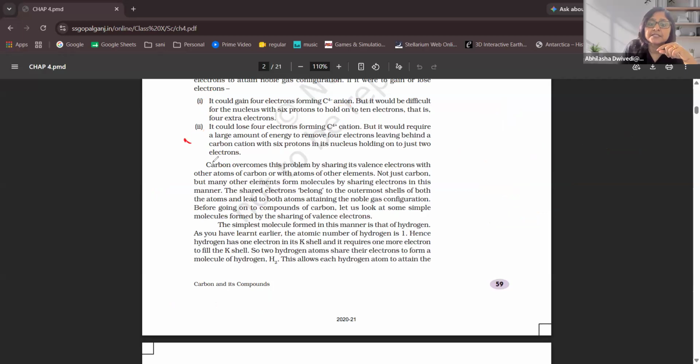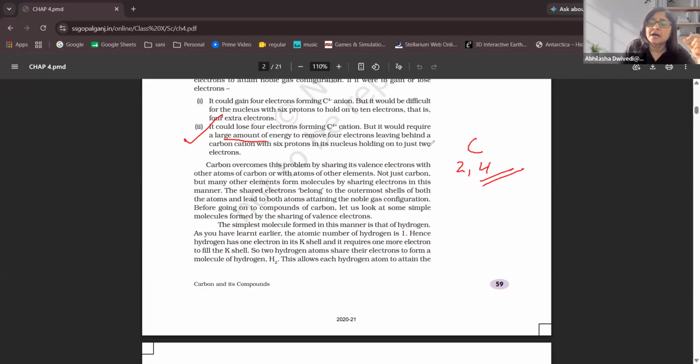Now, the second possibility: it can lose 4 electrons, right? It can lose all 4 electrons. And for that, it will require a large amount of energy. Because again, I'm writing 2, 4. If you're removing these 4 electrons, it will require a large amount of energy.